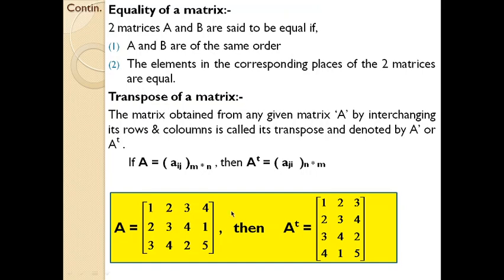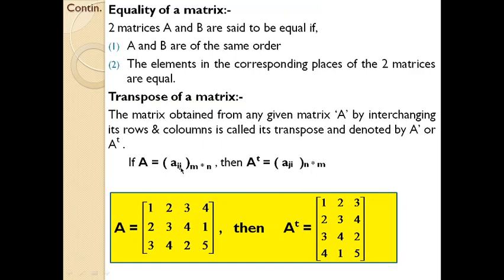So here the same concept is represented in a mathematical form. A equals Aij, where i represents row, j represents column, in brackets M into N, which means the order of the matrix. Then A raised to T, which means transpose, equals Aji. See, here it becomes Aji.